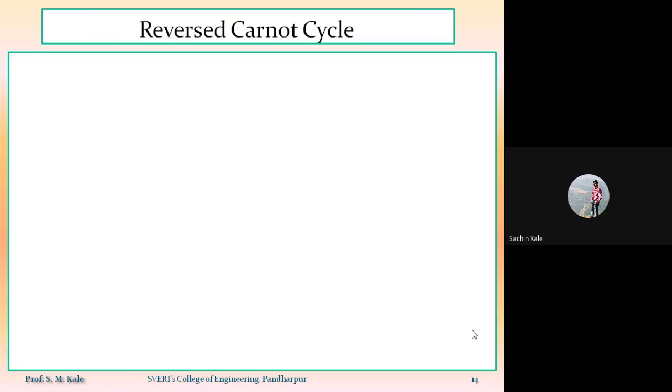For what purpose we are using the TS diagram? By using the area under TS diagram, we are able to calculate how much amount of heat is supplied to the system or how much amount of heat is being rejected from the system.